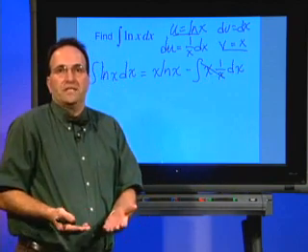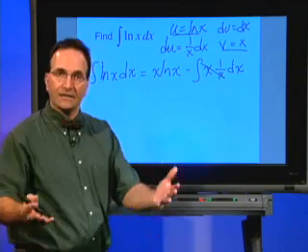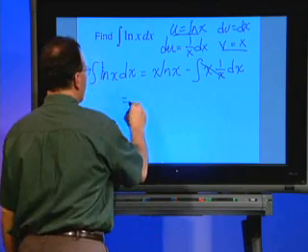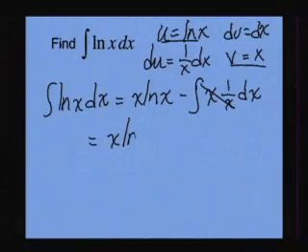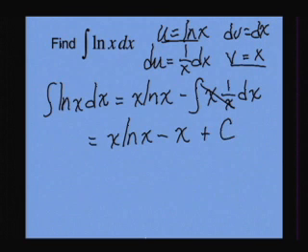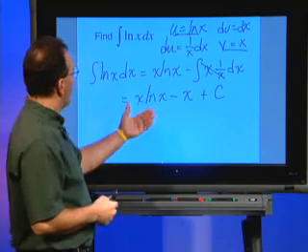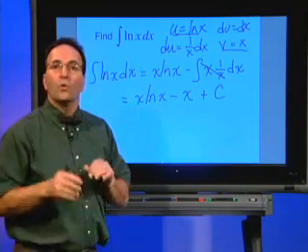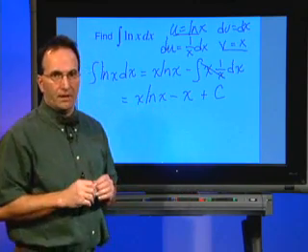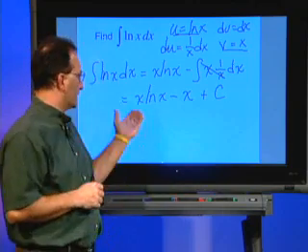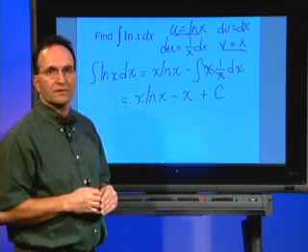Well, the integral of dx is, of course, x. So this will equal x log x minus x, and then we have our plus c for the indefinite integral constant. And therefore, we have just shown how we came up with the formula for the integral of log x being x log x minus x plus c.